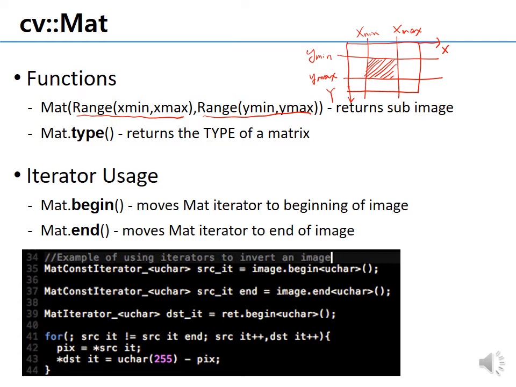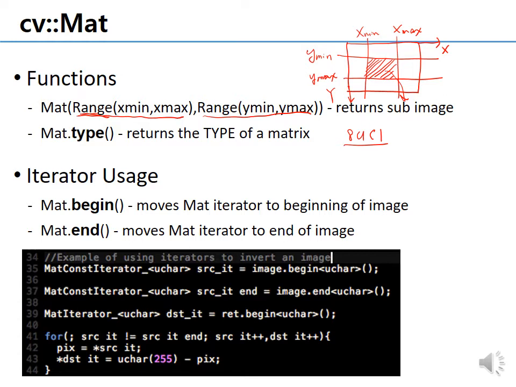So if we send a command like this, Mat range x min, x max, and y min, y max, it returns the sub images. And mat.type returns the type of the matrix, 8UC1 like this.